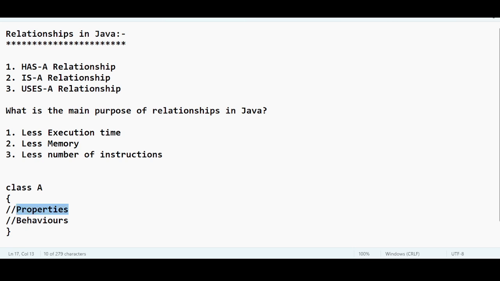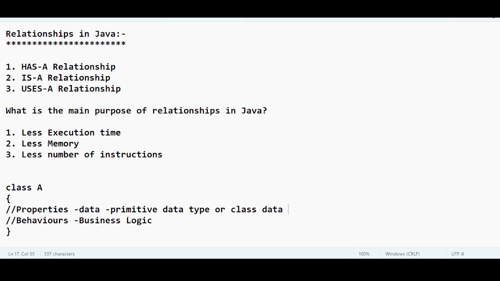Properties always talk about data. Behaviors always talk about the business logic. Data can be in the form of primitive data type, class data type or object type, and the business logic will be in the form of methods.